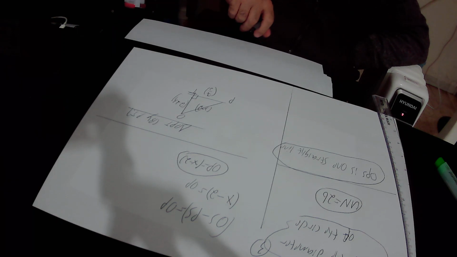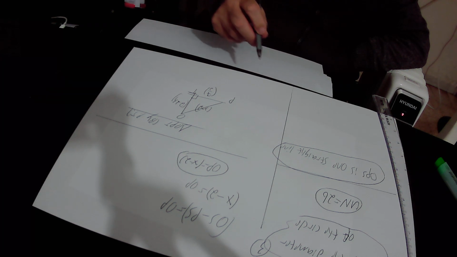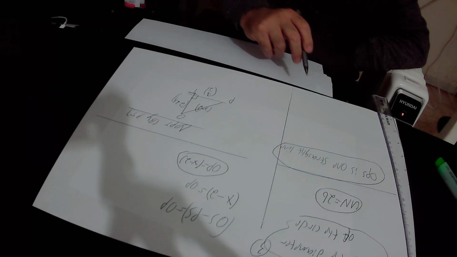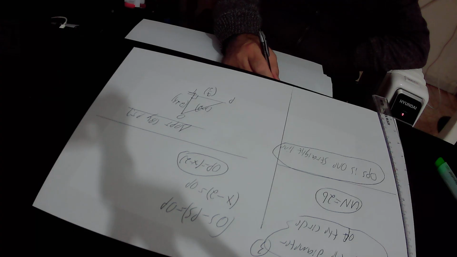PO is x minus 2, therefore PO squared is x minus 2 squared, and it equals OT squared. OT is 2 plus h, therefore OT squared is 2 plus h squared.